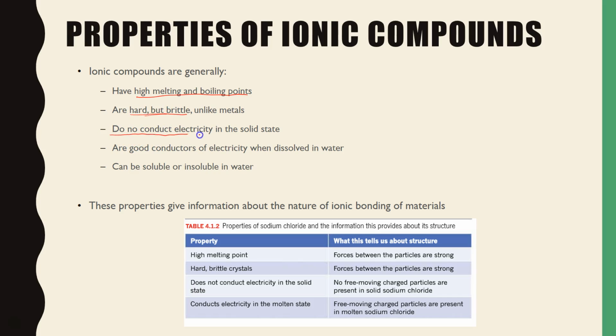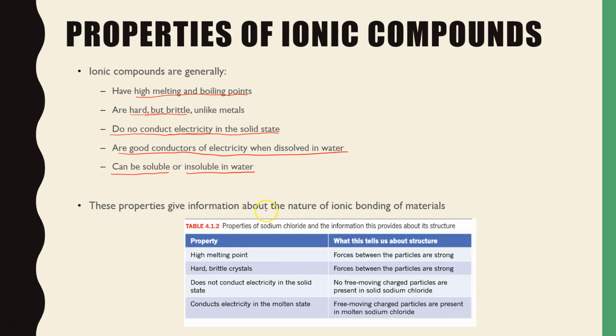They do not conduct electricity in the solid state, and they're good conductors of electricity when dissolved. Unlike metals, they don't conduct electricity in a solid state, but they do conduct when dissolved or in a liquid state. They may or may not dissolve in water, depending on the particular ionic compound.